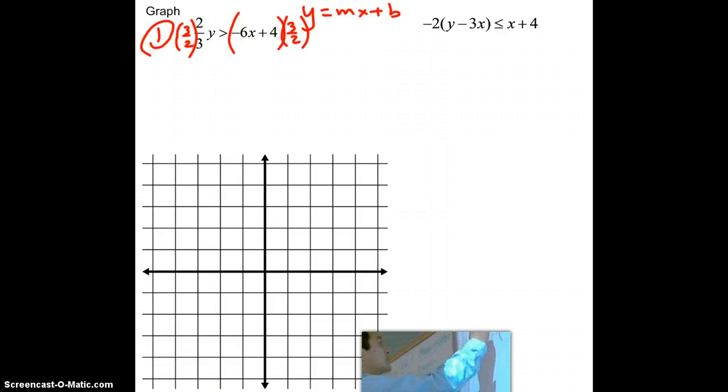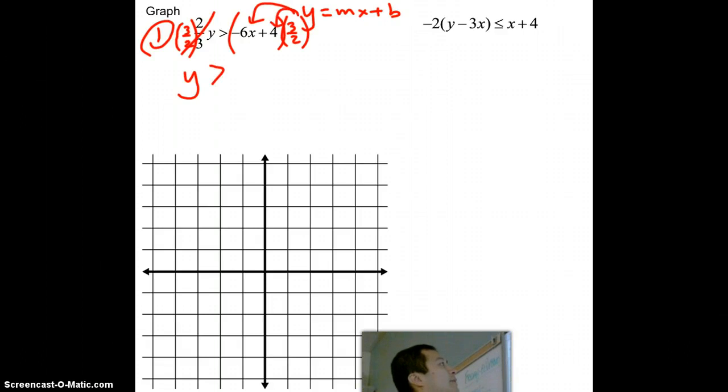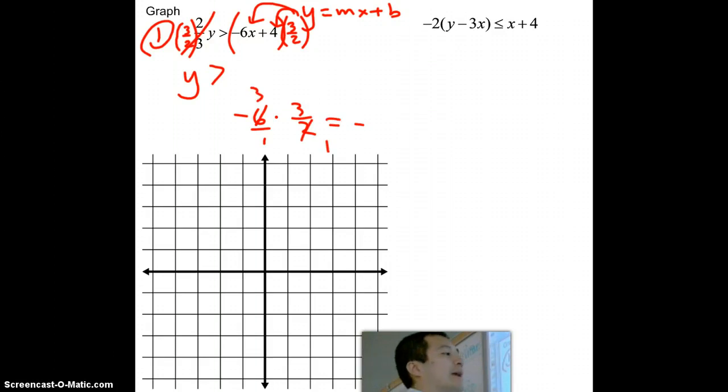So take a look. 3/2 times 2/3 is 1, so that becomes 1y less than, distribute this. This has to get distributed in. So that becomes -6 times 3/2. I make them both fractions. Since they're multiplying, this leaves a 1, this leaves a 3. That becomes -3 times 3, which is -9.